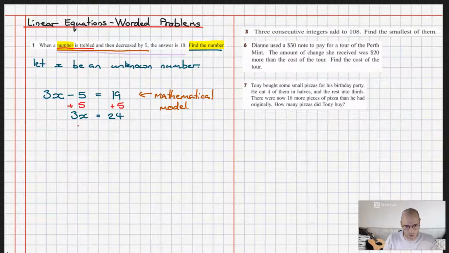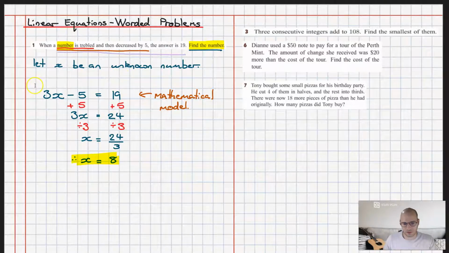Then we remove the coefficient in front of the x, so we divide by 3. Therefore x is equal to 24 over 3. This is the solution to our first problem, and this is the process I would go through personally if I were trying to solve this particular equation.